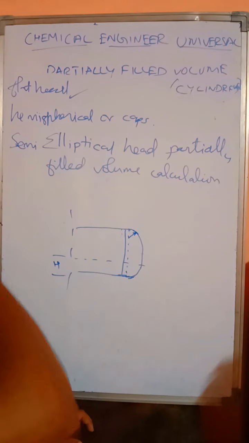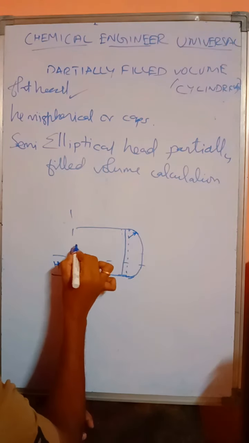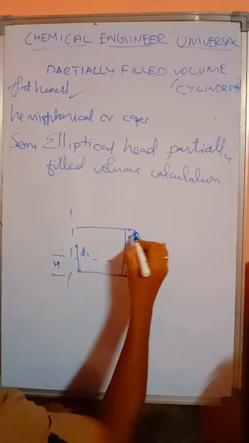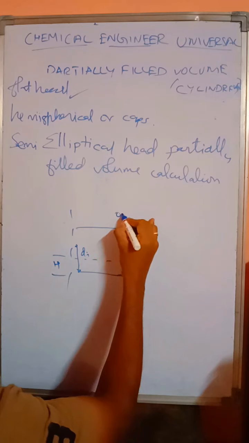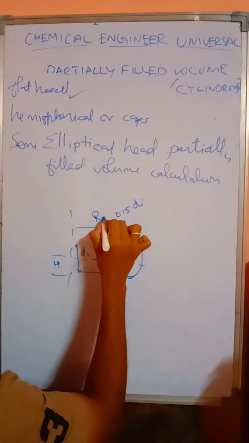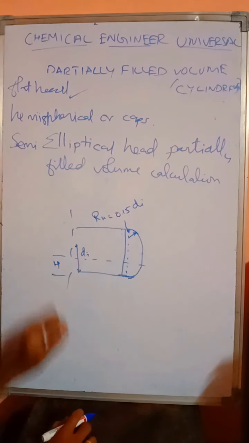It will be like around 0.15 of internal diameter. This is di. This is about 0.15 of internal diameter. This is called knuckle radius, right? This is knuckle position, so this is called knuckle radius.